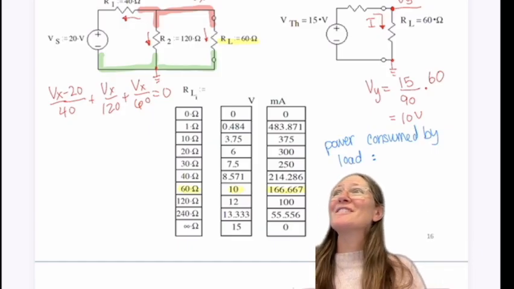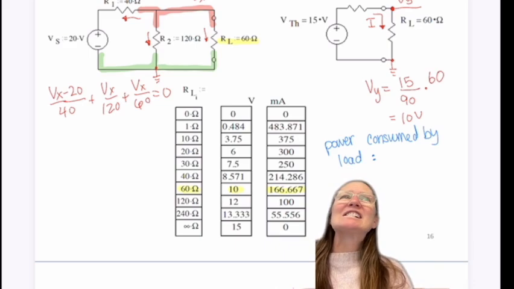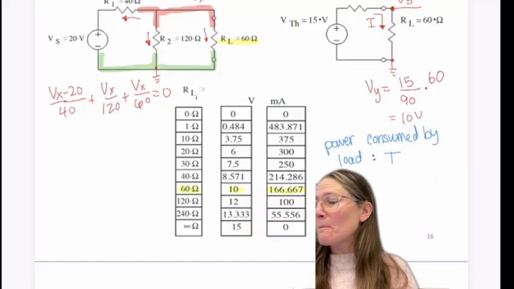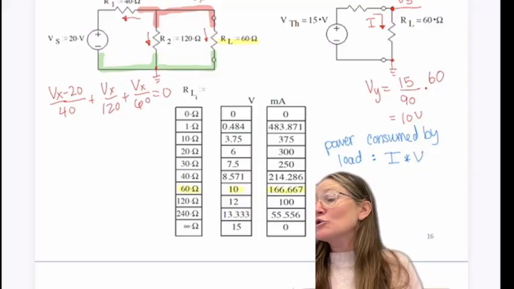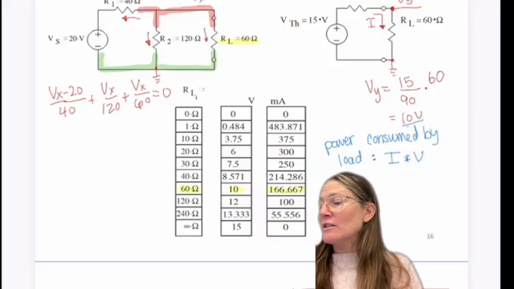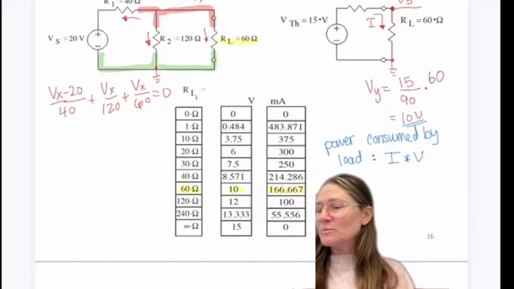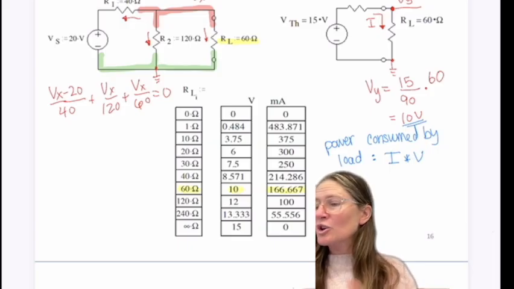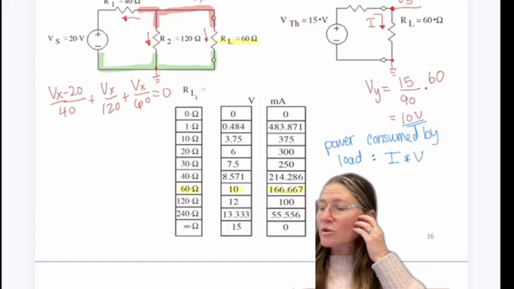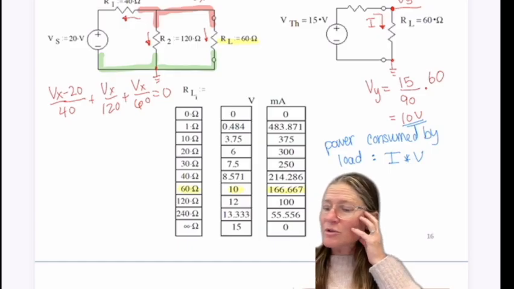What would it be? Correct, so you know V is now 10, right? And that current is the 166.67. Or you can just use the R, so V is equal to IR.